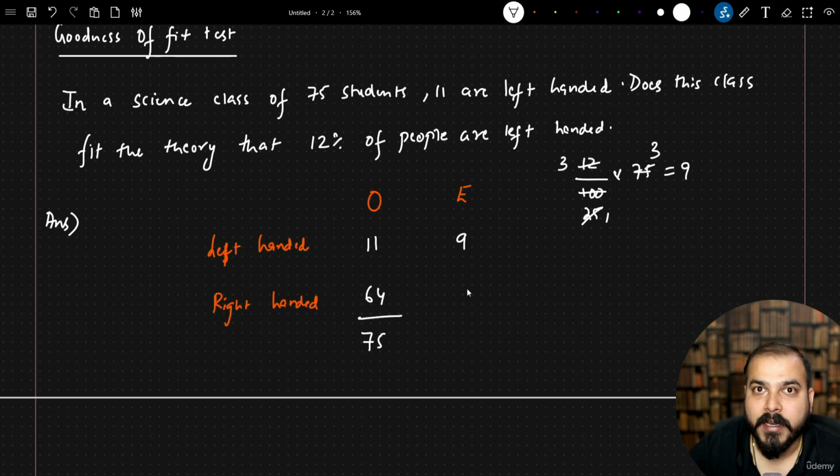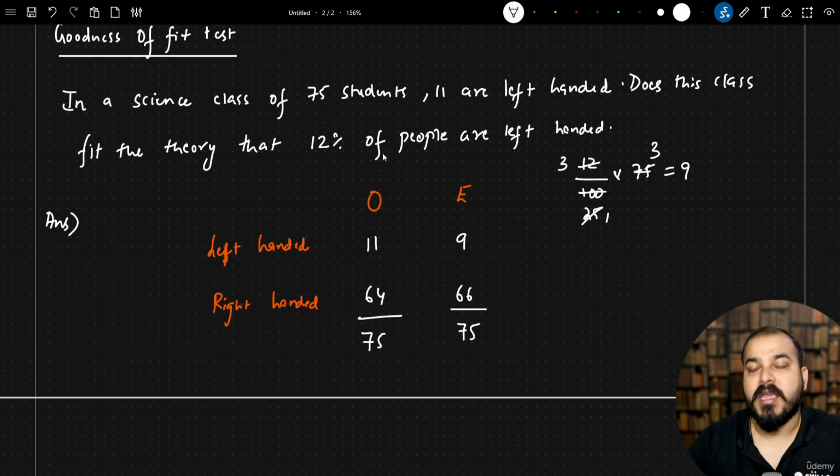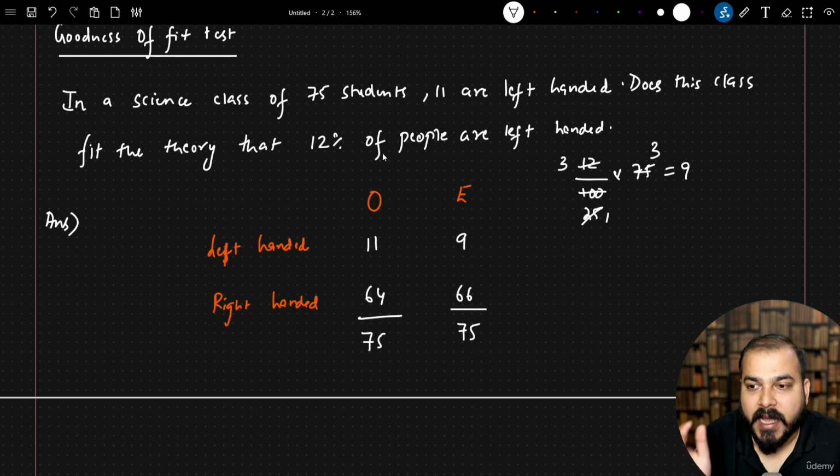And the remaining will be right-handed, so 9 plus 66 is 75. This entirely is the expected value based on the theory.